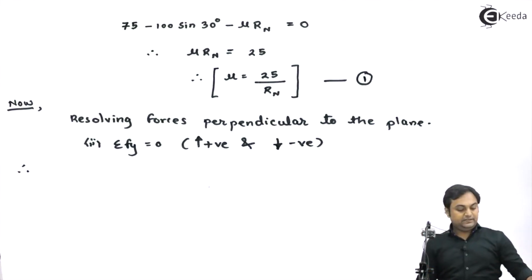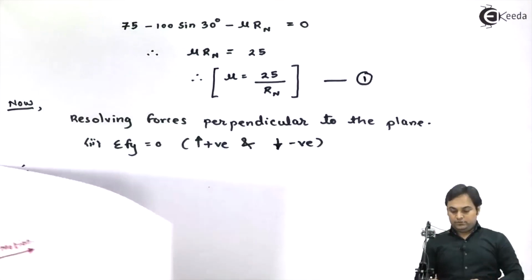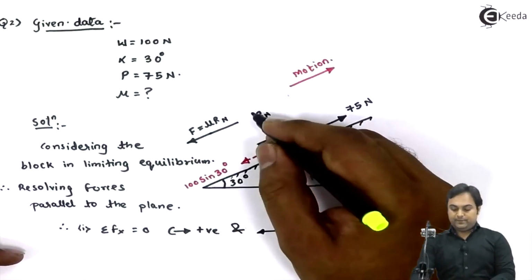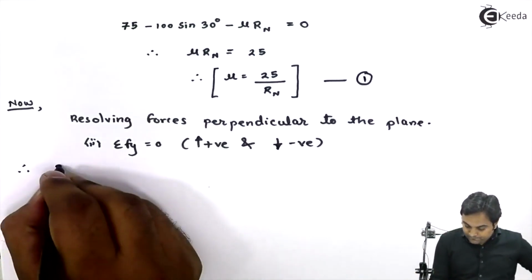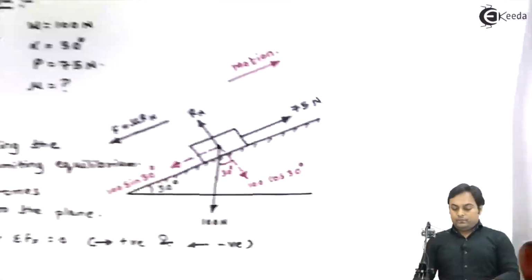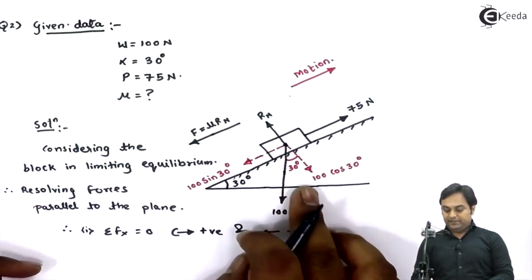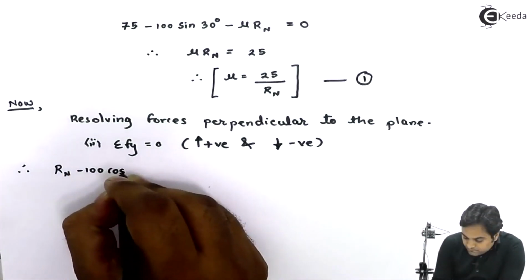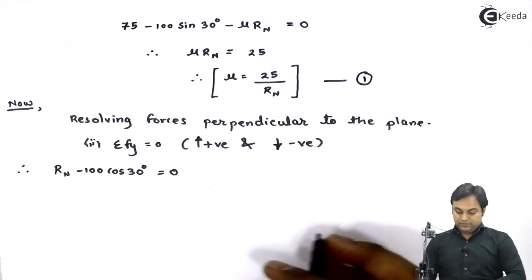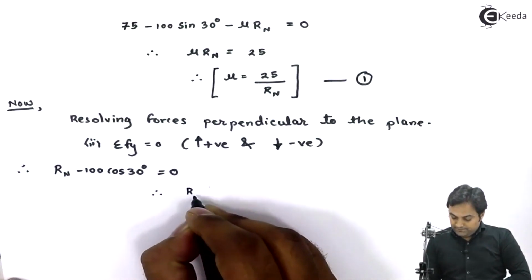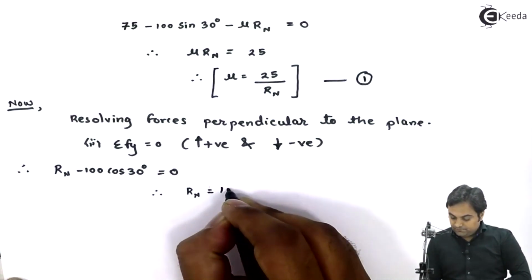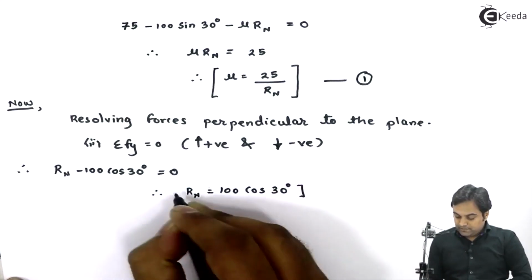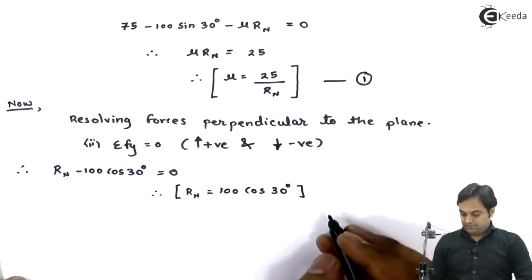Hence, I will say that here I have Rn acting perpendicular to the plane and upward positive. 100 cos 30 perpendicular to the plane and downward, so negative, is equal to 0. Therefore, Rn is equal to 100 cos 30. I will say that put Rn in equation number 1.